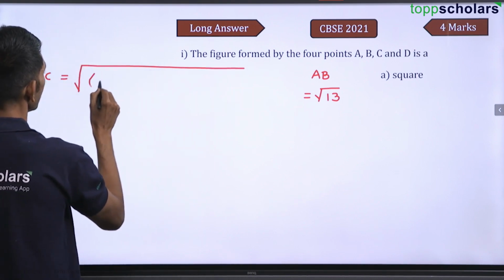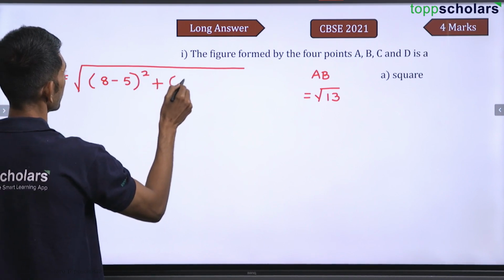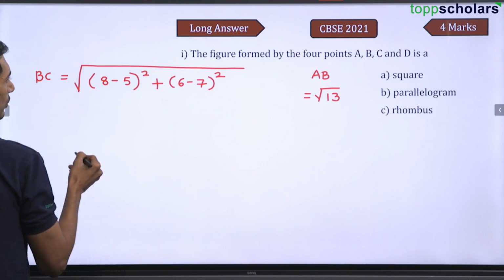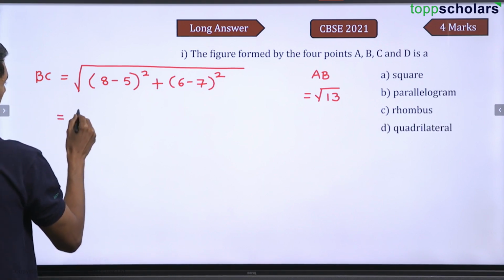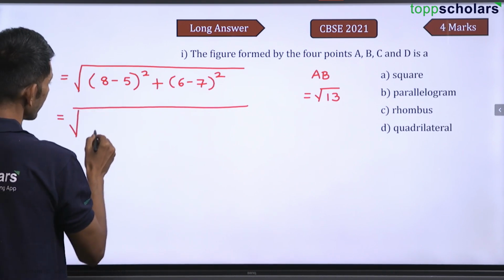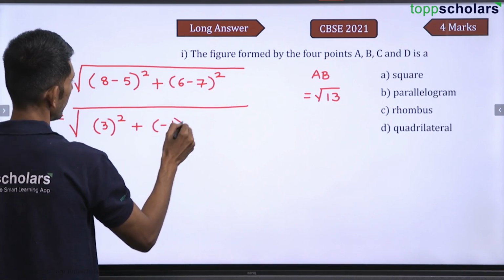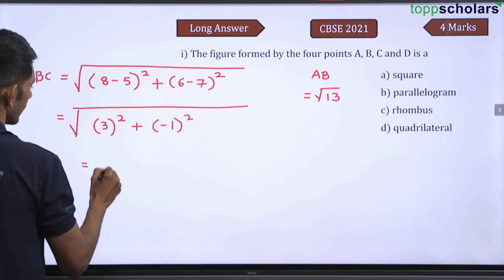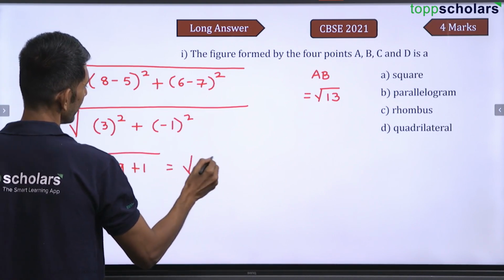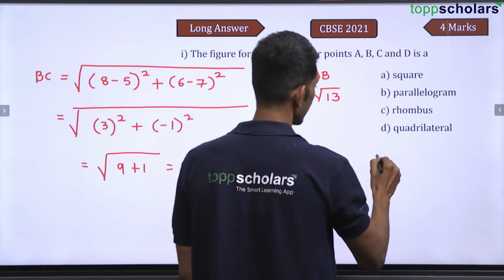So that is equal to under root, 8 minus 5 is 3. So 3 square plus minus 1 square, that is 9 plus 1 is 10. So that is root 10, right? So BC is root 10.